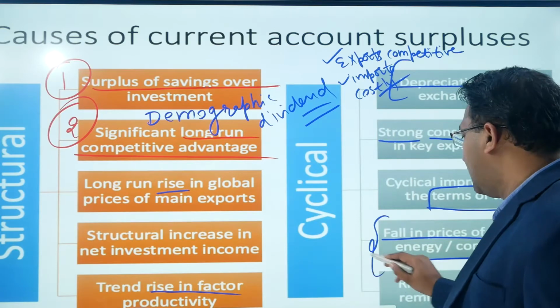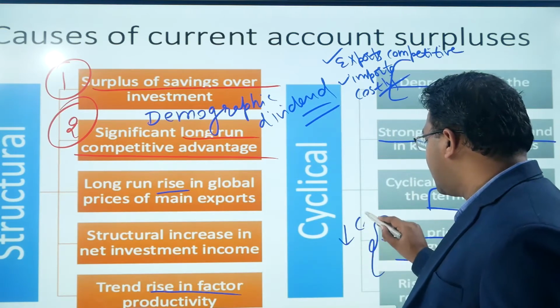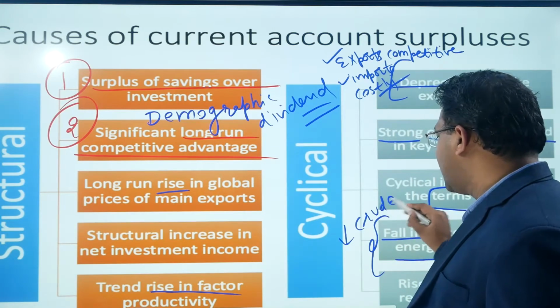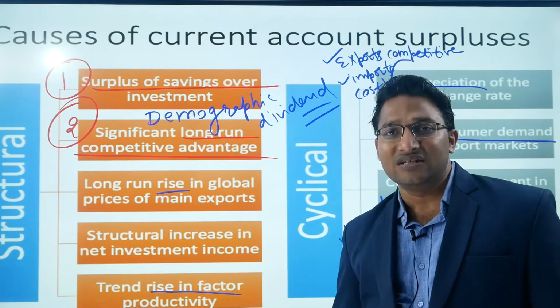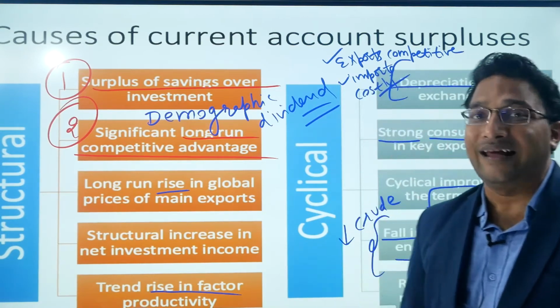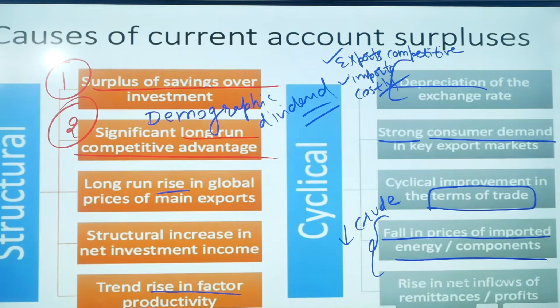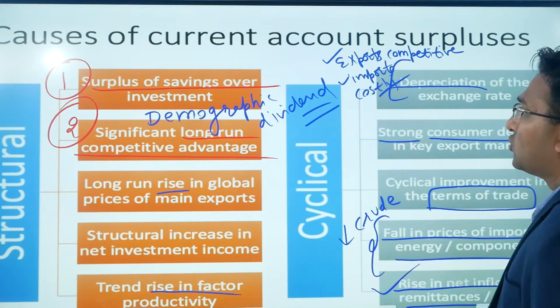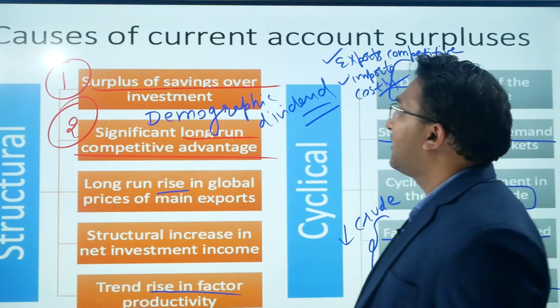This is possible when the crude oil prices are declining. For example, in India in 2016-17 the crude oil prices declined and because of that this fall in prices was there. Rise in the net inflow of remittances or profit. This is also possible. So these are the different possible reasons of the current account surplus.